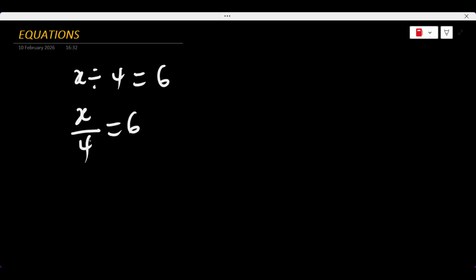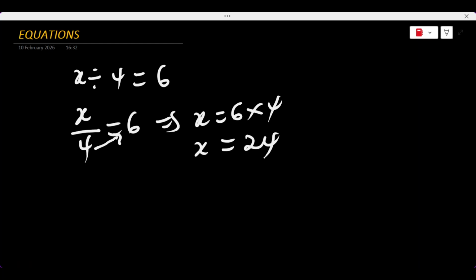And since this is a division, to undo the 4 so that we can what? Have x separate on one side, we have to use the opposite operation of division, which is what? Multiplication. So what you're going to do is that you multiply 4 and 6, or 4 by 6. So x is equal to what? 6 times 4. X is equal to 24.